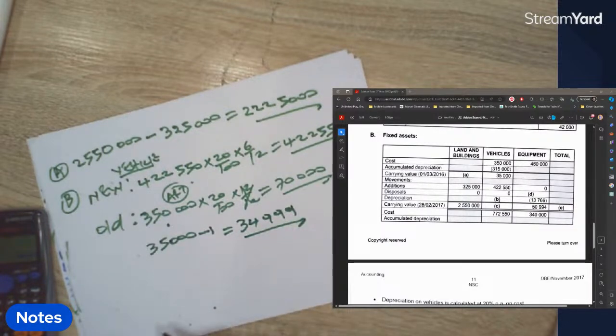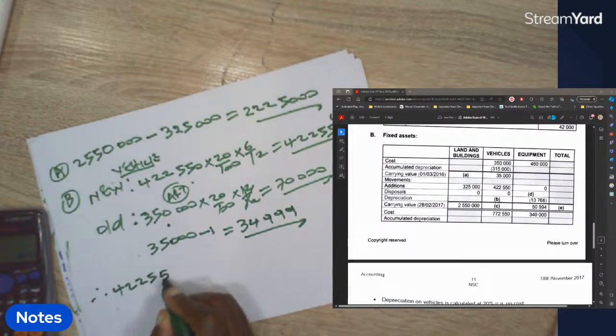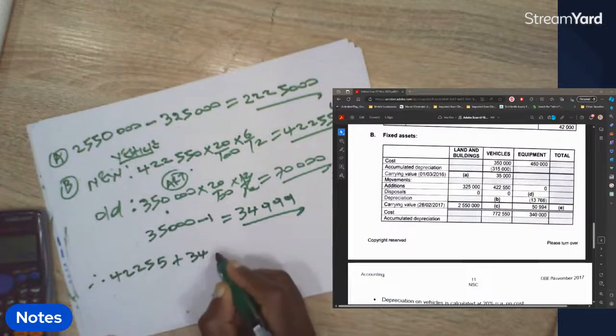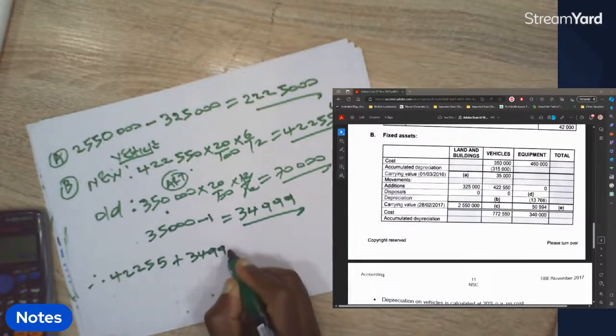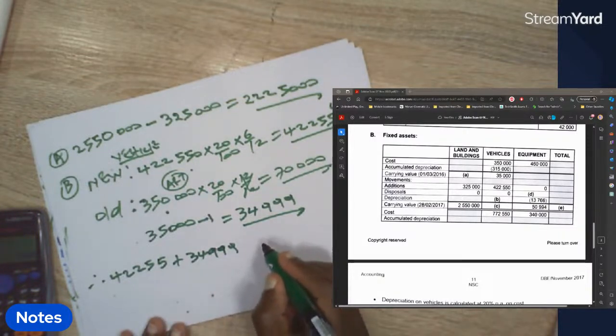Okay, so then our depreciation in total will be this one. Therefore we have 4,225 plus 34,999.